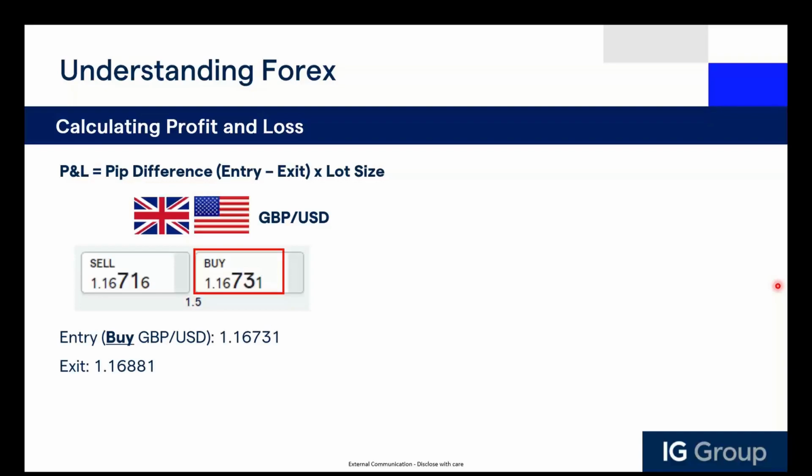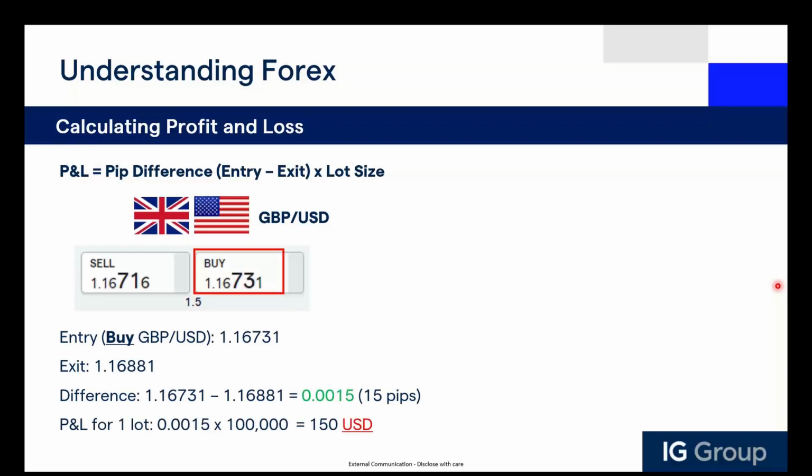The first thing we need to do is find out the difference. Based on our entry and exit, we just subtract the exchange rates, and we see that the calculation is 0.0015. So 0.0015 is actually 15 pips.